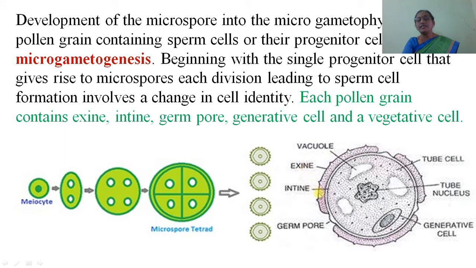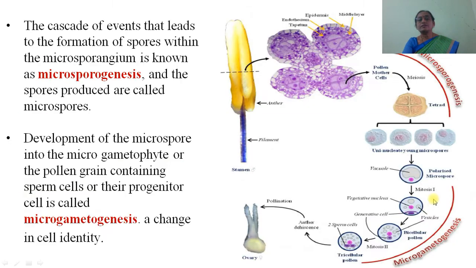Below the exine there is the intine, and inside the intine there is cytoplasm and the generative cell and tube cell with tube nucleus. This is the diagrammatic representation showing the microsporogenesis process and microgametogenesis.